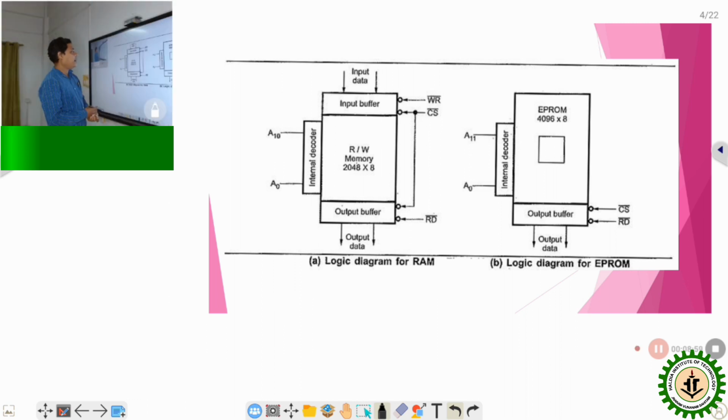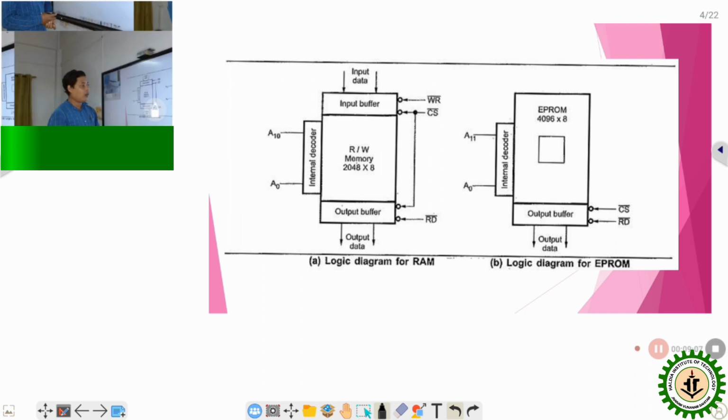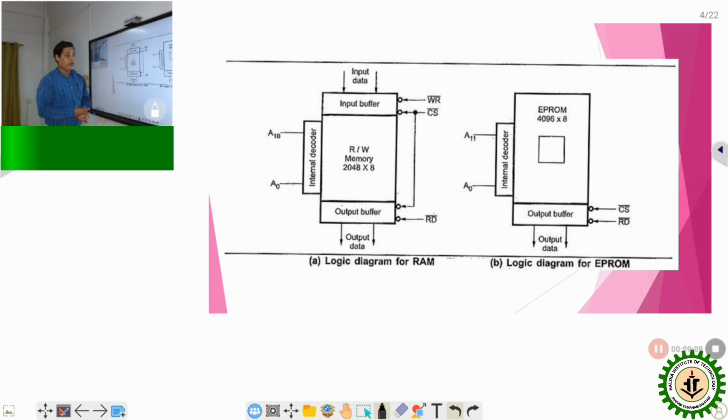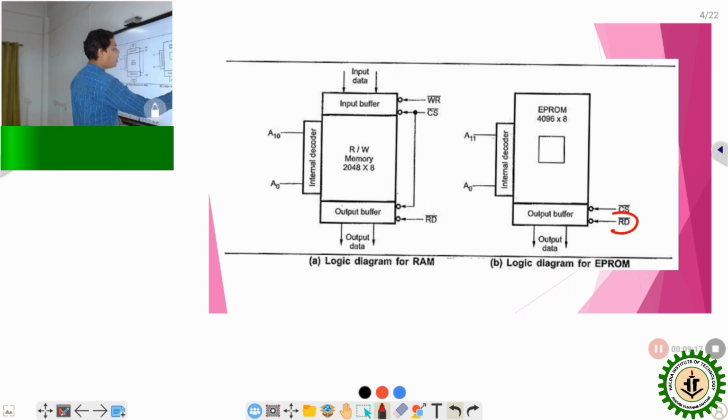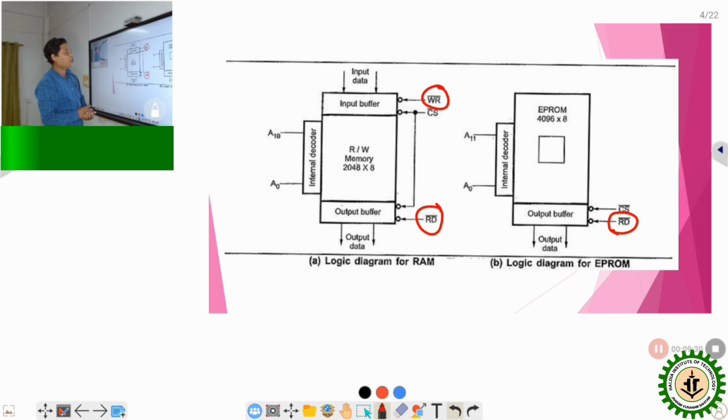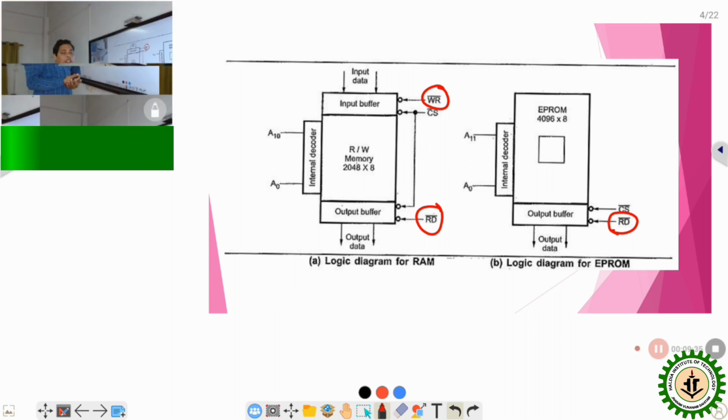It is known that RAM, basically random access memory, allows both data read and write. In case of ROM, data can only be read from the device. That's why it can be observed that with the ROM chip, only the RD bar control line is connected, whereas with the RAM, both the read signal as well as the write signal are connected, because from the RAM we can do both operations.